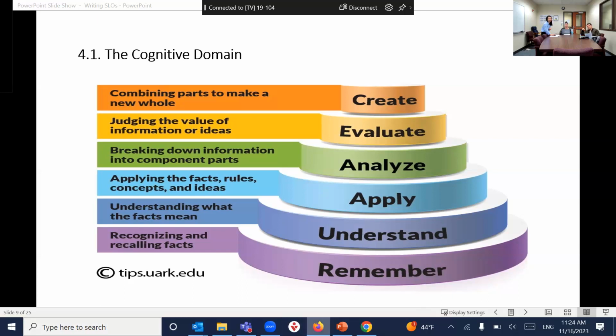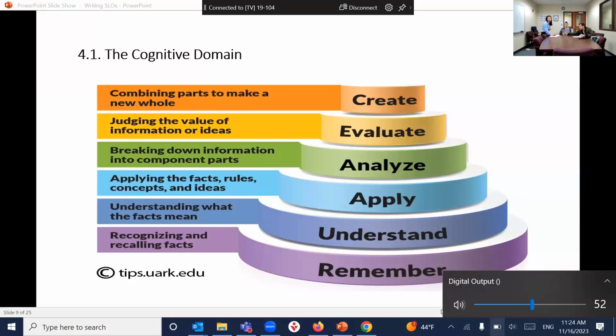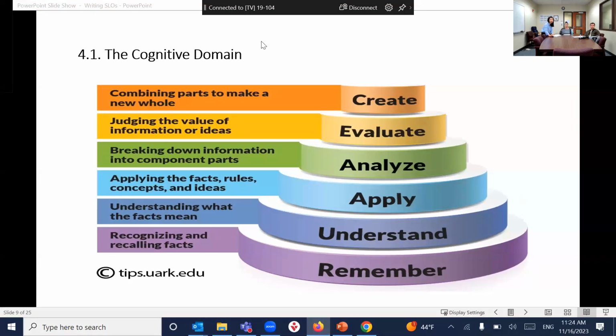Learning taxonomies are designed to describe learning. There are many of them out there, but Bloom's is by far the most utilized. What you see here is actually Bloom's revised taxonomy. The original was developed by Benjamin Bloom in the 1950s.